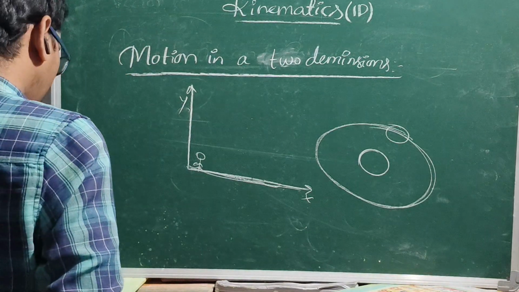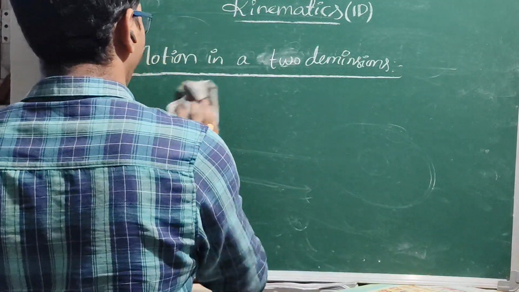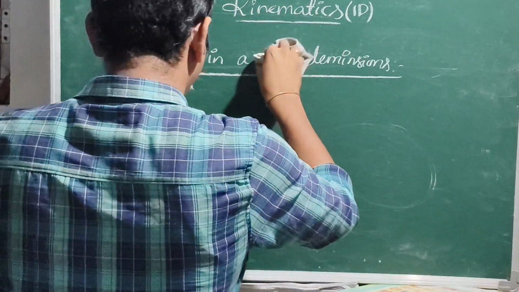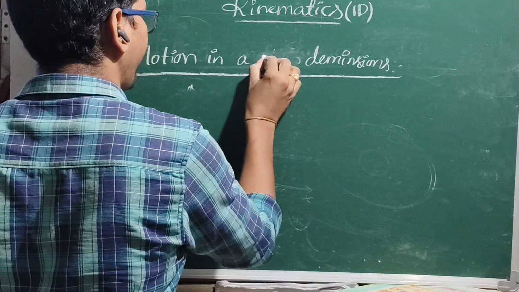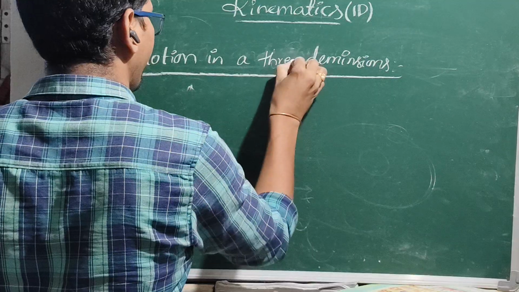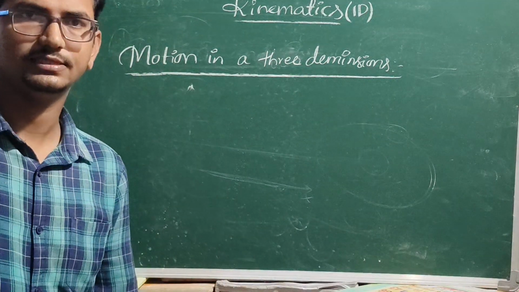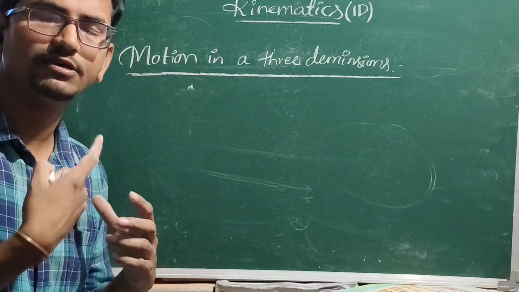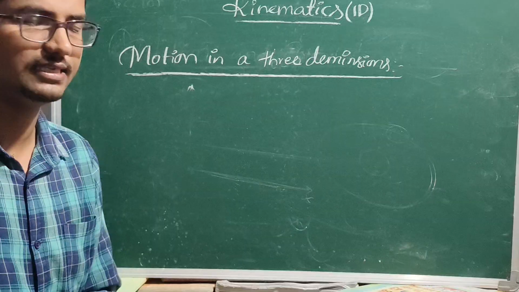And next one, three dimensions. A particle is moving in space. Space requires three coordinate systems: the x-axis, y-axis and z-axis.